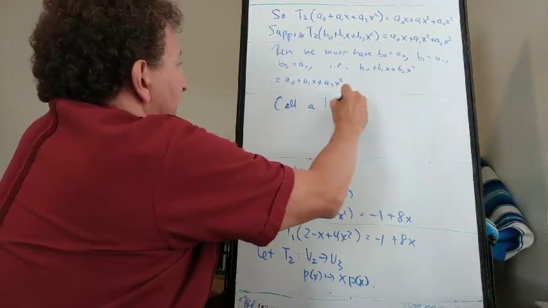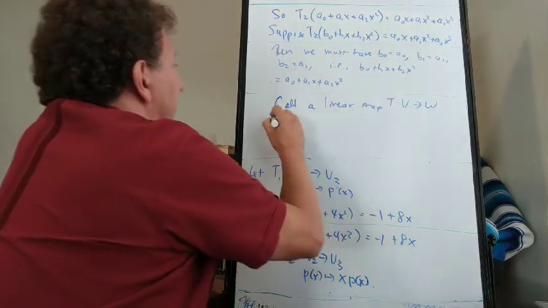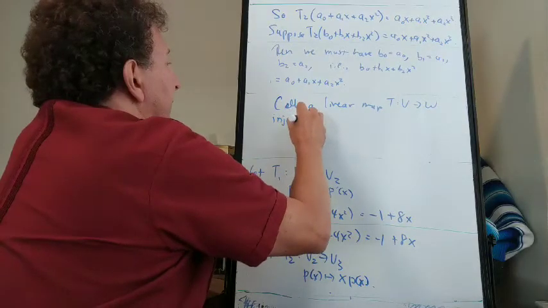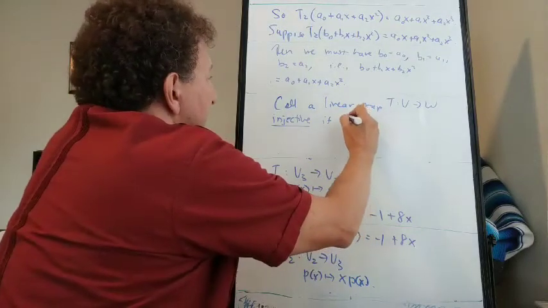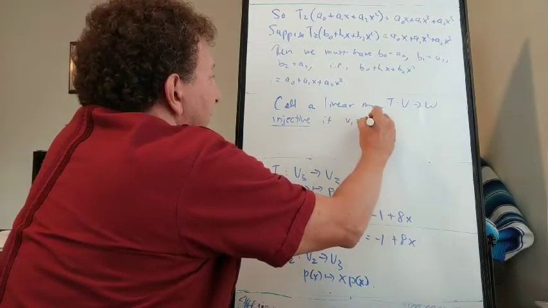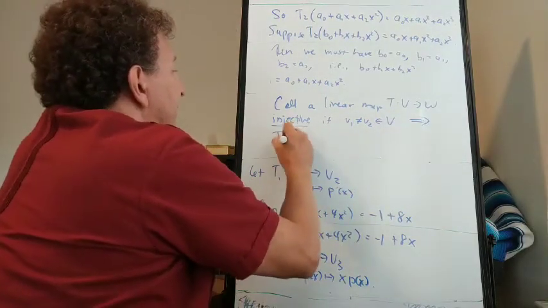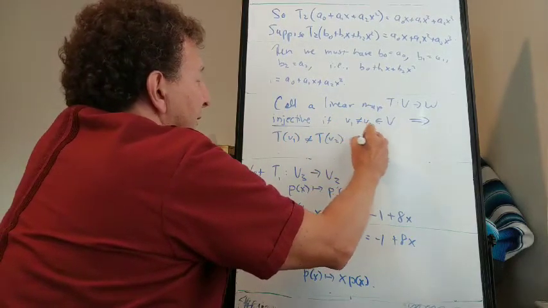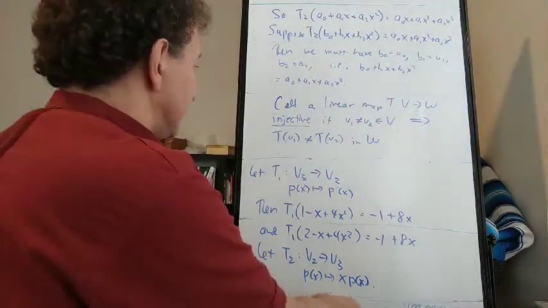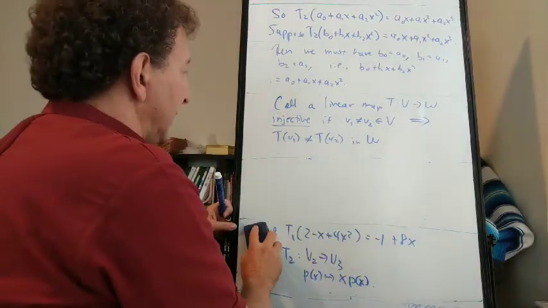So you call a linear map T from V to W injective if V1 being different from V2 in V implies that T of V1 is different from T of V2 in W. So we say that T is injective.